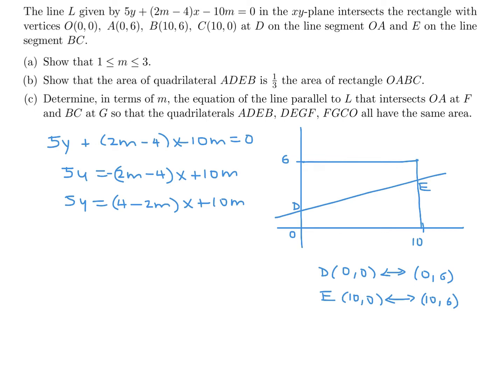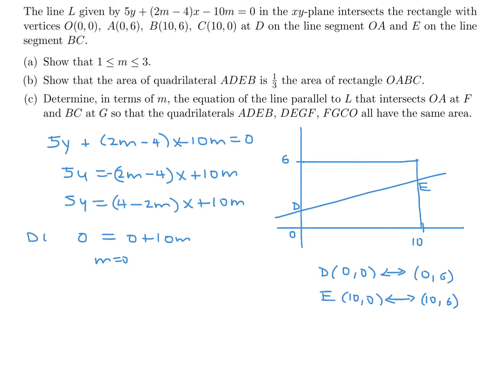Okay, so let's figure out what we get here for each of these. Using this equation, let's put in the boundaries and see what we get. When D is (0, 0), we get 0 equals 0 plus 10m, so m is 0.